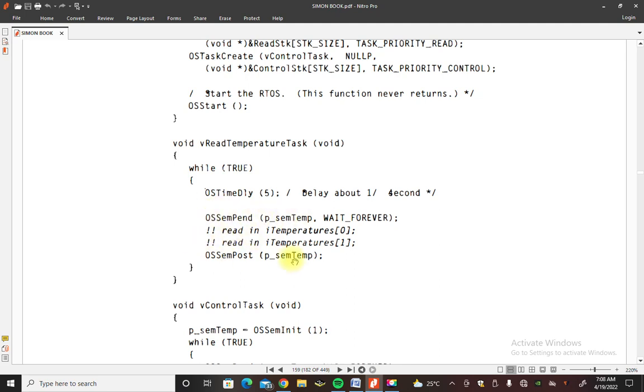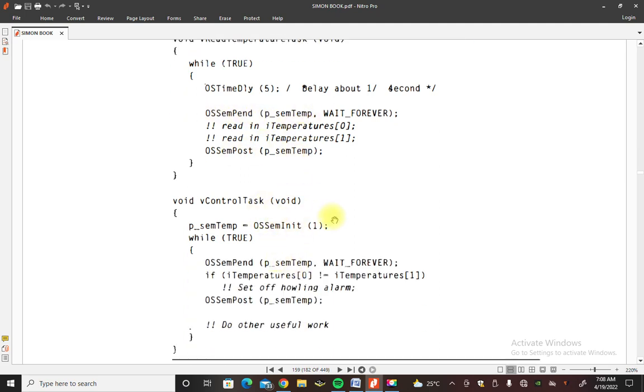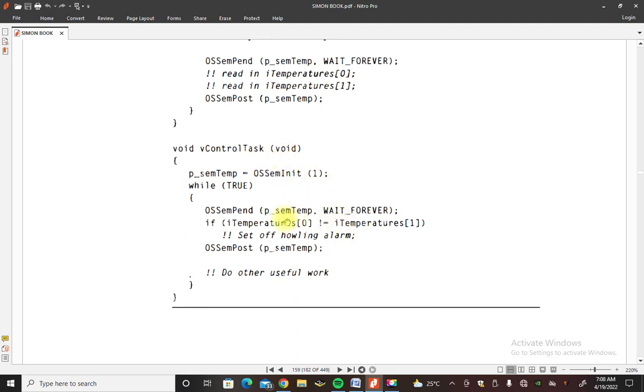So pending and posting are the take and release semaphore which prevent the shared data problem, and this is the control task which shares the same temperatures, compare temperature, right? If temperature 1 is not equal to temperature 2, just like how we do it with 8051. So here also OS pending, OS post, take semaphore and release semaphore.